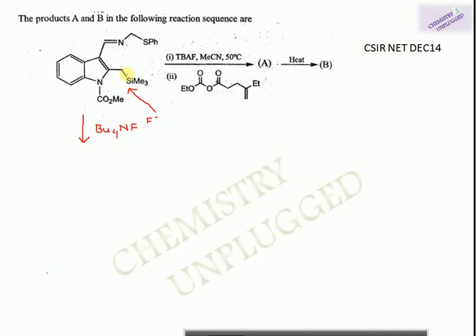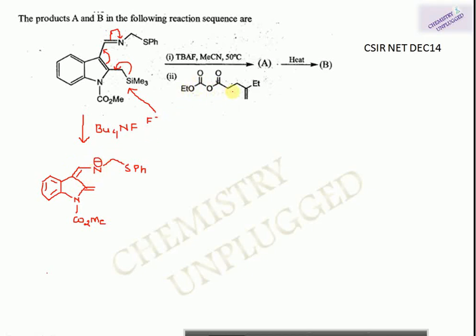So it will be removed, and this bond will shift here, this bond will shift here, and this double bond will shift to nitrogen, electronegative nitrogen. Now nitrogen has a negative charge in this structure.